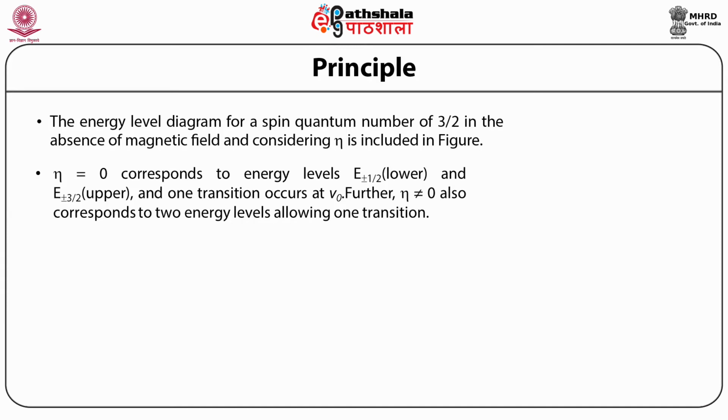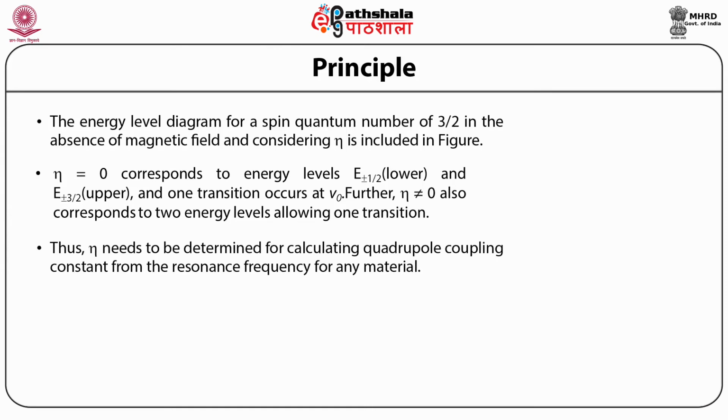Further, eta not equal to 0 also corresponds to two energy levels allowing one transition. In this case, the quadrupole coupling constant, e Q q, changes to account for eta. Therefore, eta needs to be determined for calculating the quadrupole coupling constant from the resonance frequency for any material.